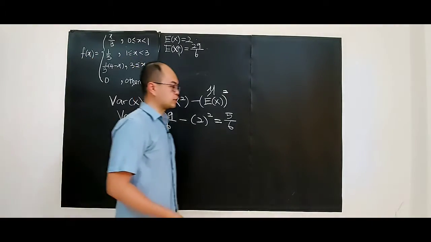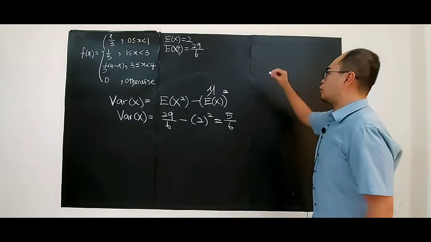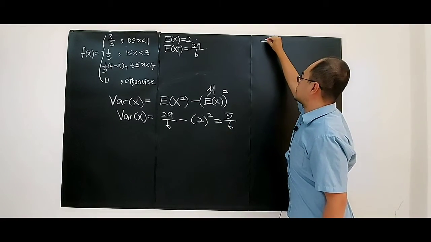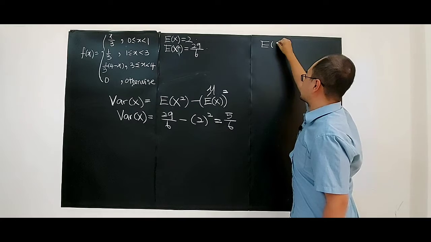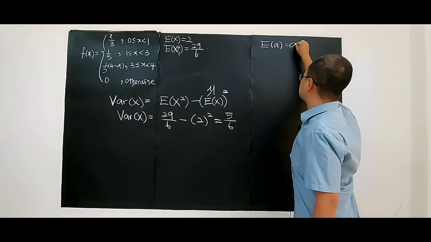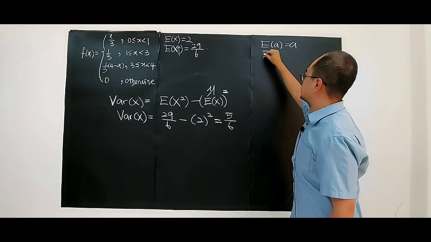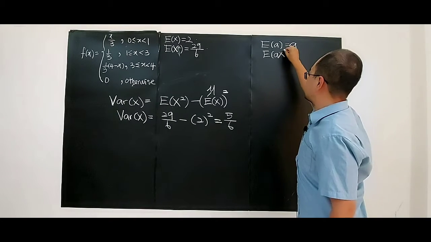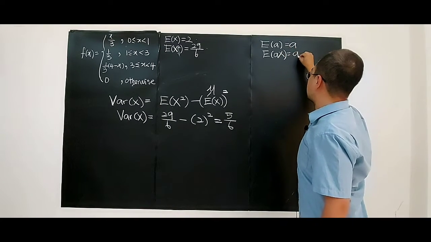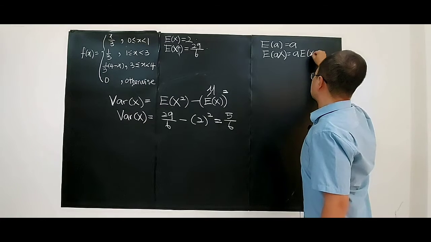And I also want to tell you the properties of expectation. For example, the expectation of a constant is still a constant. The expectation of a constant multiplied with the random variable is aE(x), right?